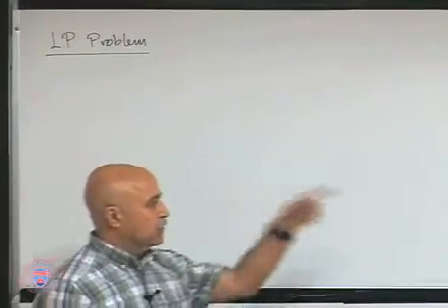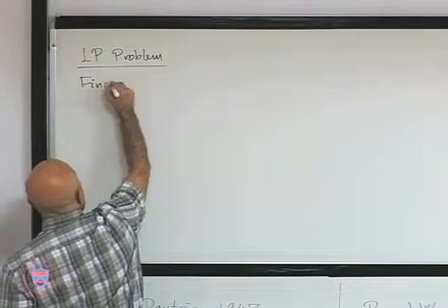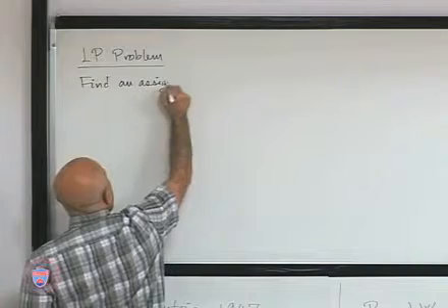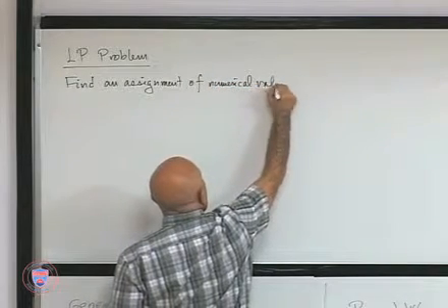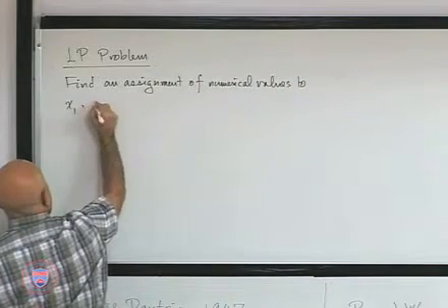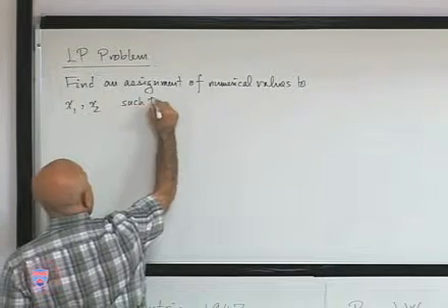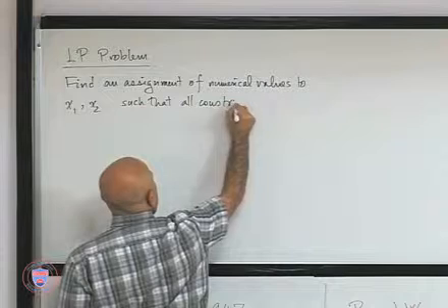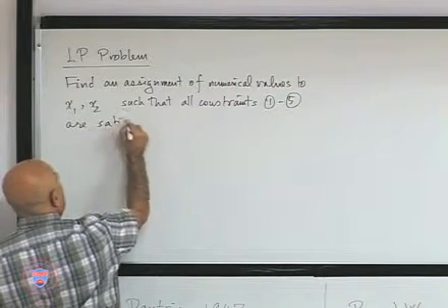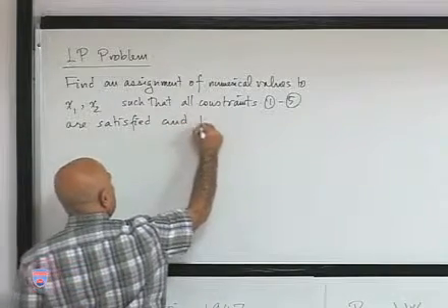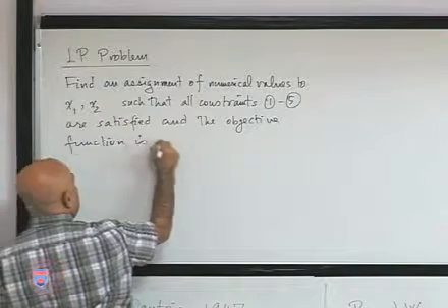The linear programming problem, as specialized to this particular example, is the following. Find an assignment of numerical values to the decision variables x1 and x2 such that all constraints 1 through 5 are satisfied, and the objective function is maximized.